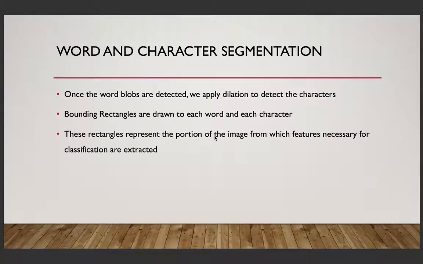For example, once we identify a character in the textual area, we draw a bounding rectangle onto it, and the portion of the image represented by this bounding rectangle is sent into the feature selection and classification phase, where we try to determine whether this particular bounding rectangle represents any of the 26 letters of the alphabet.